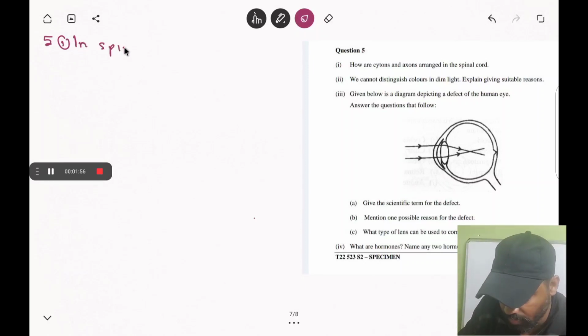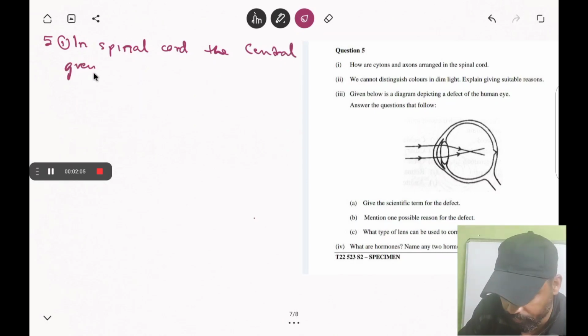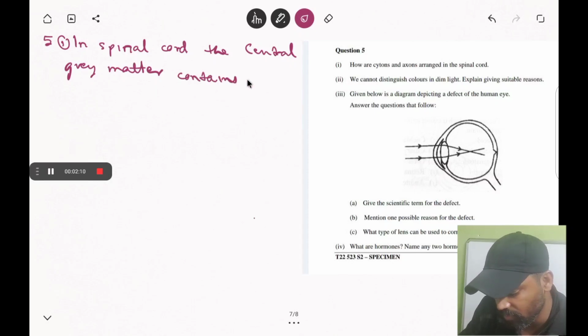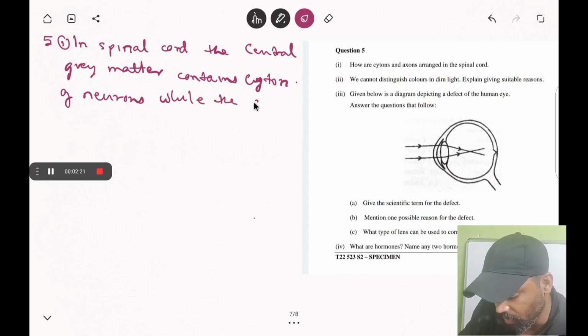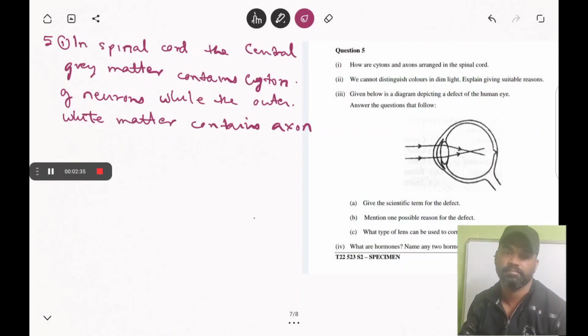So in spinal cord, the central gray matter contains cyton, yes or no, of neuron, while the outer white matter contains axon. Done. Very easy.